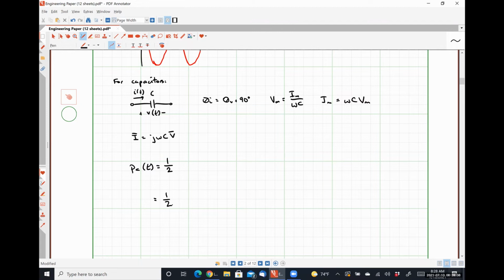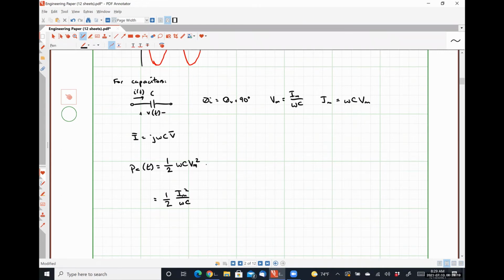Expressed in terms of the voltages, that's going to be omega C Vm squared, and expressed in terms of the magnitude of the current, that's going to be Im squared divided by omega C. Then we have cosine of theta V minus theta I, so that's theta V minus theta V minus 90 degrees. So that's the cosine of negative 90 degrees, which is also 0. So we know that our average power is now 0.